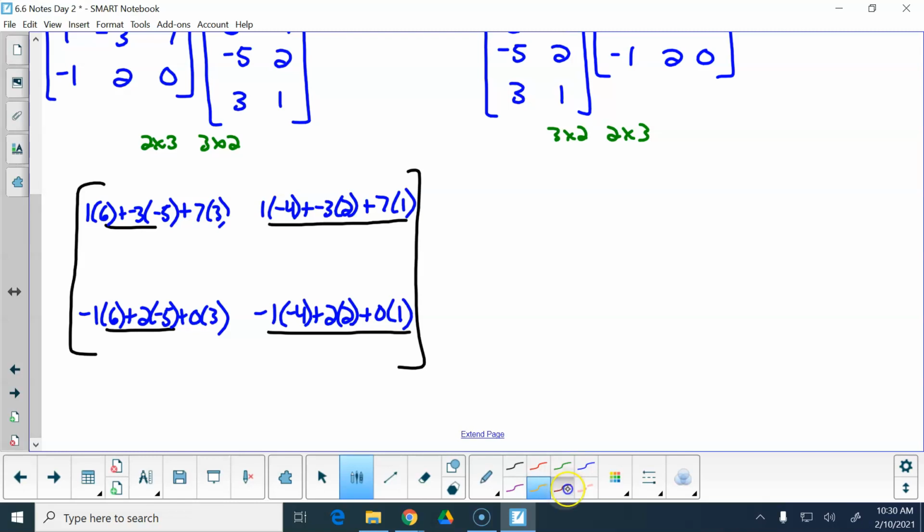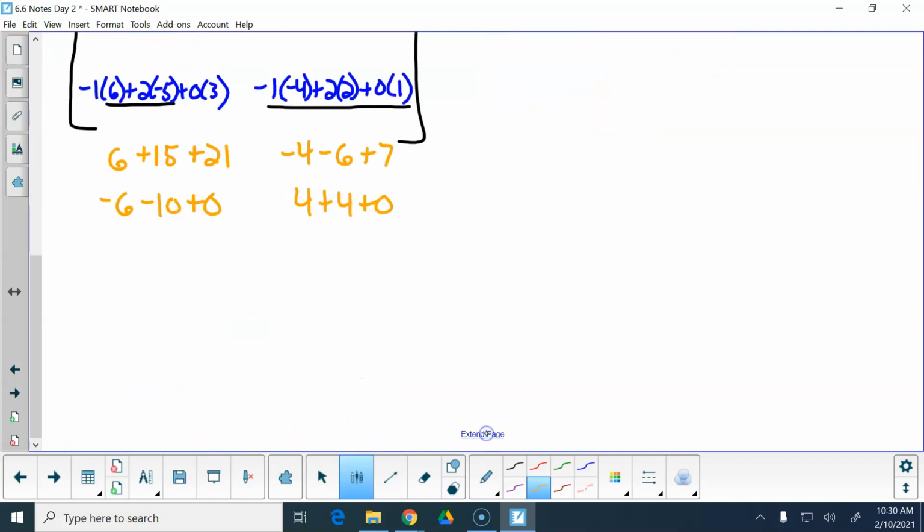So we get here 6 plus 15 plus 21, negative 4 minus 6 plus 7, negative 6 minus 10 plus 0, 4 plus 4 plus 0.